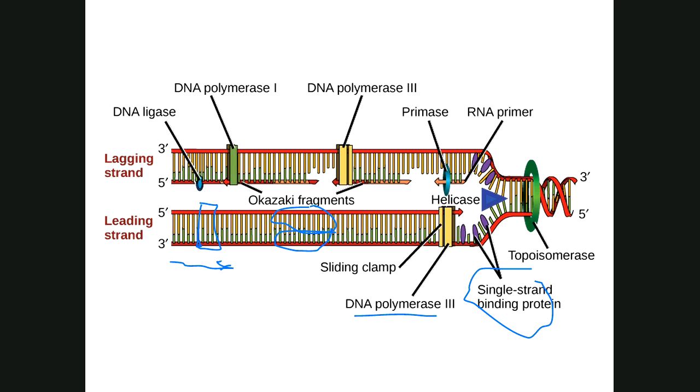wait a minute here. Hold on 1 second, folks. 3 and 5. This is not the original strand. These are numbered wrong. Ooh, hold on 1 second, folks. This is a new picture of your book. First time I used it, I didn't look at it. Let me make sure that 3 to 5, 3 to 5. Because you can't read.